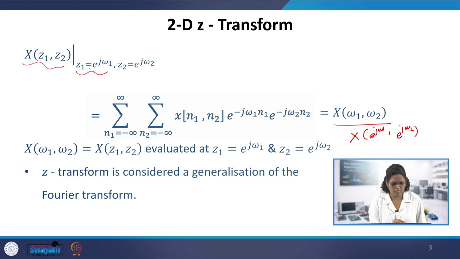If you consider z1 equal to r1 e power j omega 1 and z2 equal to r2 e power j omega 2, and take these two, this would be x of n1, n2, r1 power minus n1 and r2 power minus n2, and so on. So this would converge to the DTFT of the sequence, as we did for the 1D sequence as well.